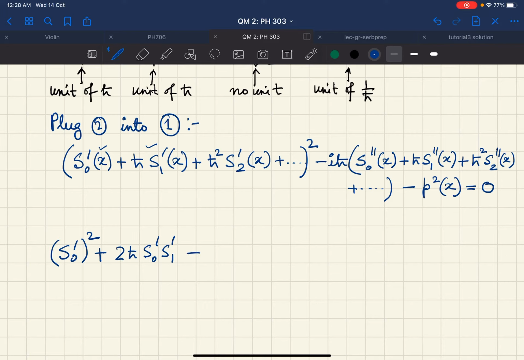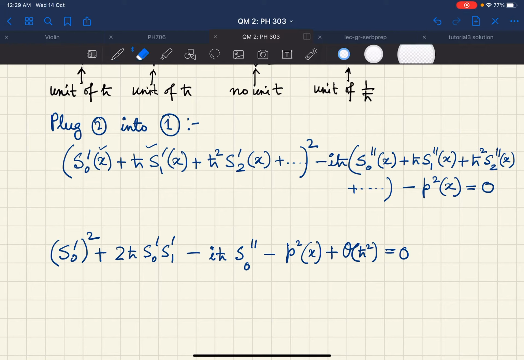Then from the second term I will only have i h bar s0 double prime, and then minus p squared of x plus higher order in h bar squared and higher.